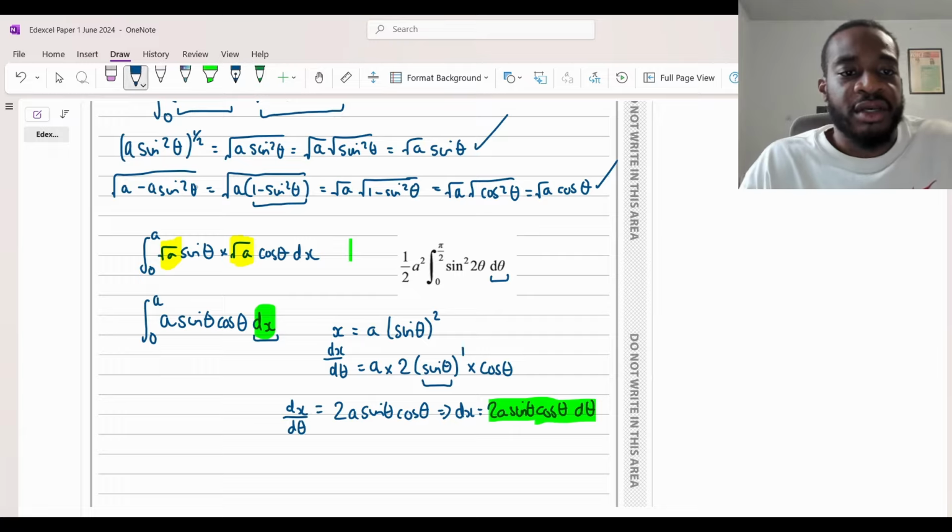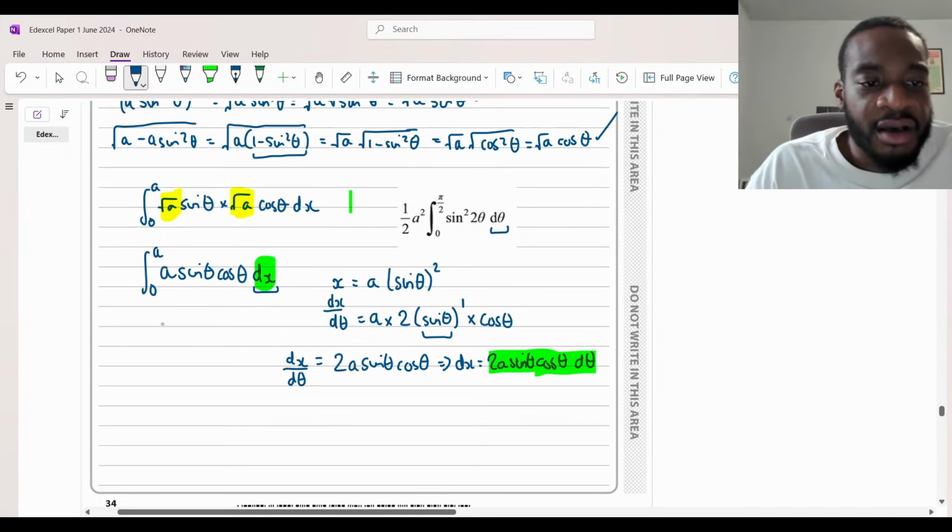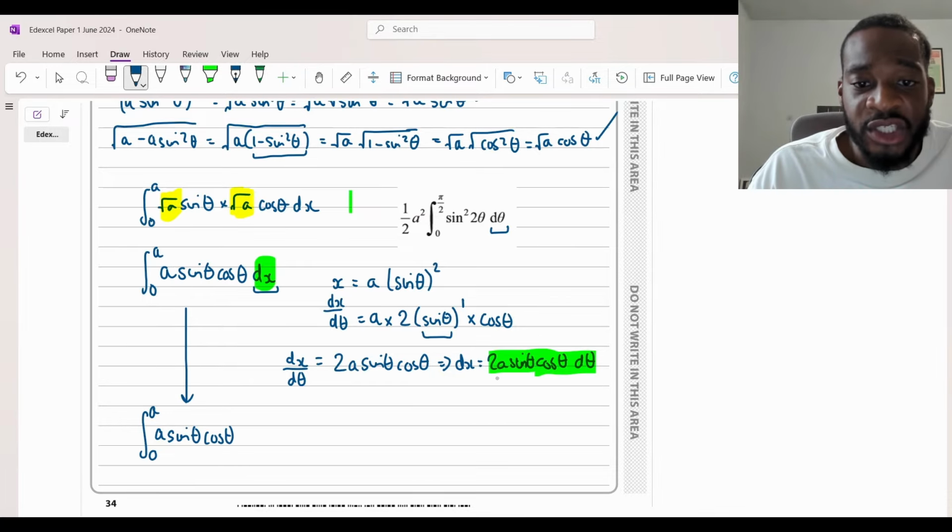So now the integral that we're dealing with becomes, I'll do it right here, the integral between 0 and a of a sine theta cos theta times dx, which is this thing. So it becomes times 2a sine theta cos theta d theta.